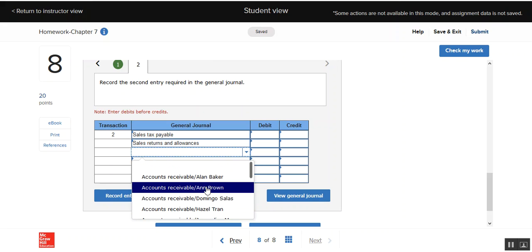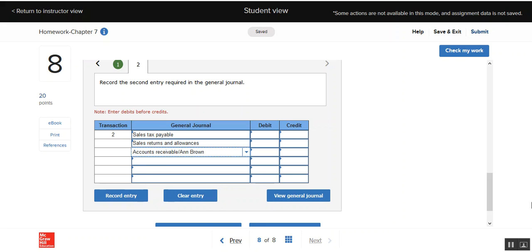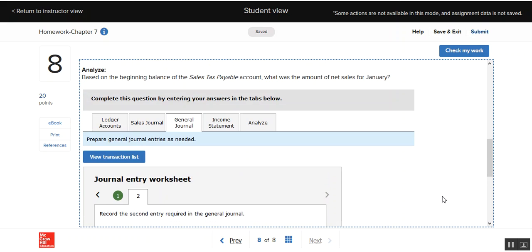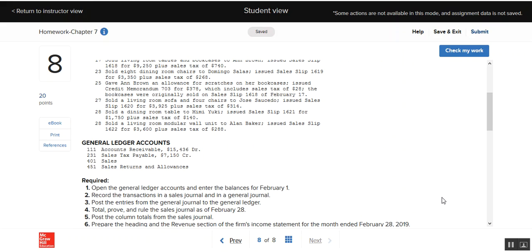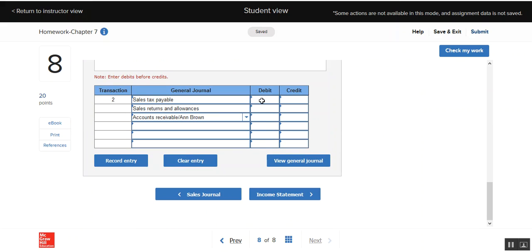So that would be accounts receivable, Ann Brown. And let's see how much it was. It was a total of $378, and the sales tax was $28. All right, so that looks like it takes $350 to bring us into balance.